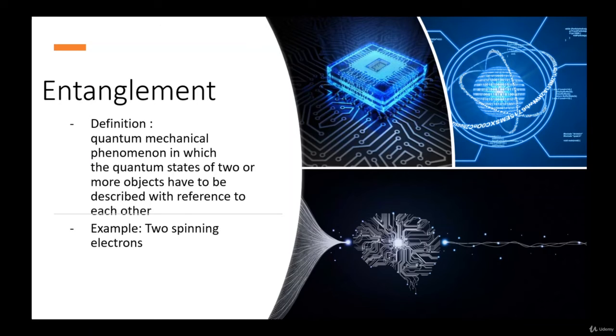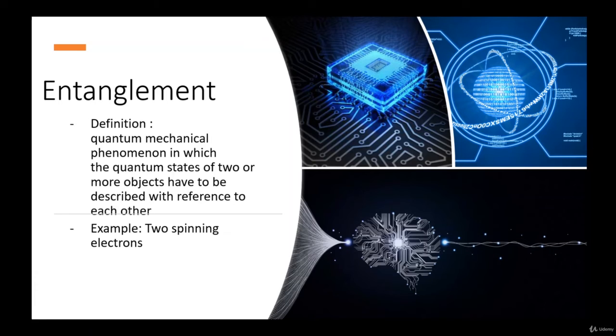As an example of entanglement, let's say we have two spinning electrons, and one is spinning up and the other is spinning down. If the two electrons are entangled, this means that the probability of one electron spinning up will directly affect the probability of the other electron spinning down.